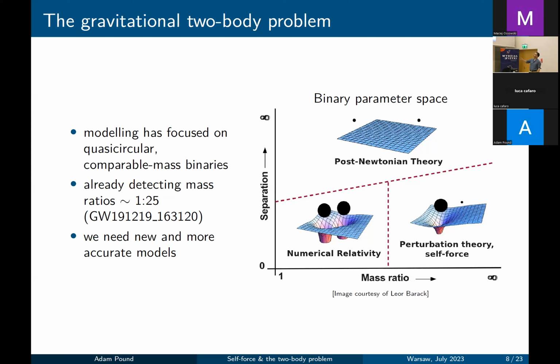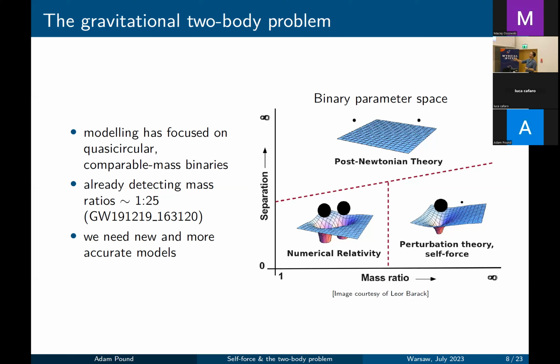And for those, we use post-Newtonian theory combined with numerical relativity, as I mentioned. These are the two most important axes in the binary parameter space: the orbital separation, how far apart the two objects are from each other, and the mass ratio, how big one is relative to the other.